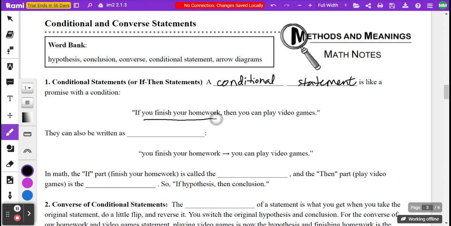If you finish your homework, that's the condition, then you can play video games. That's the promise. They can also be written as arrow diagrams.